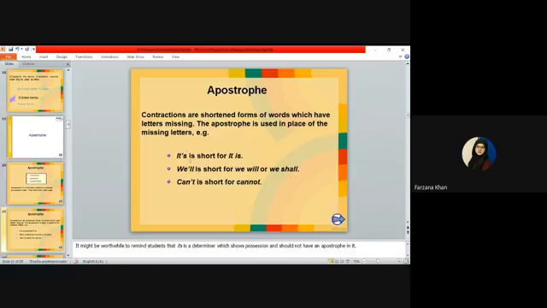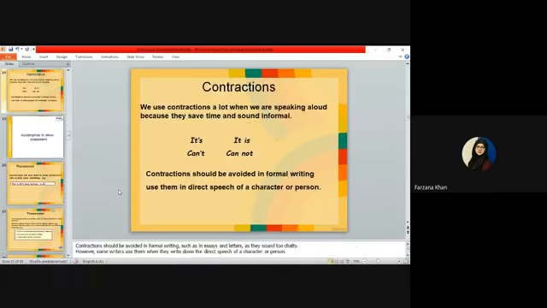So we have made a contraction of it is by adding apostrophe and s, it's. So the apostrophe is used to make contractions. You can see here the other examples. It's, it is. Can't is basically the contraction of cannot.